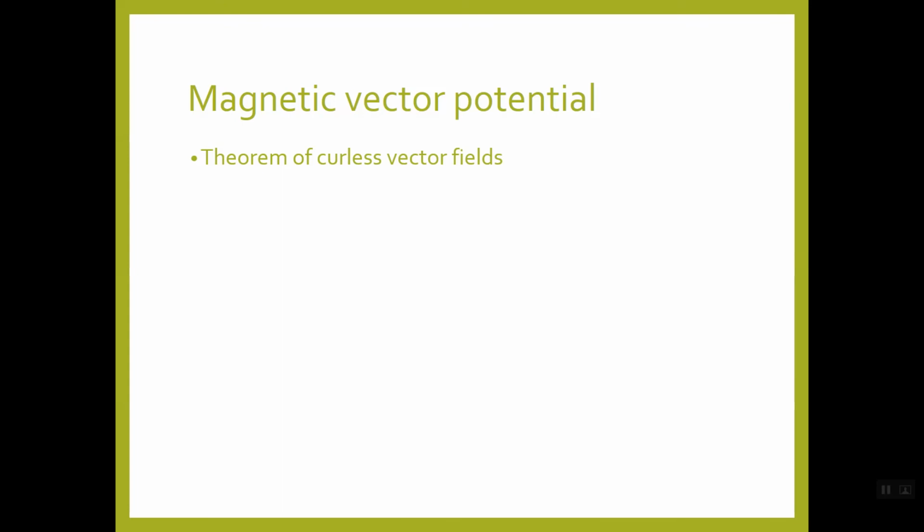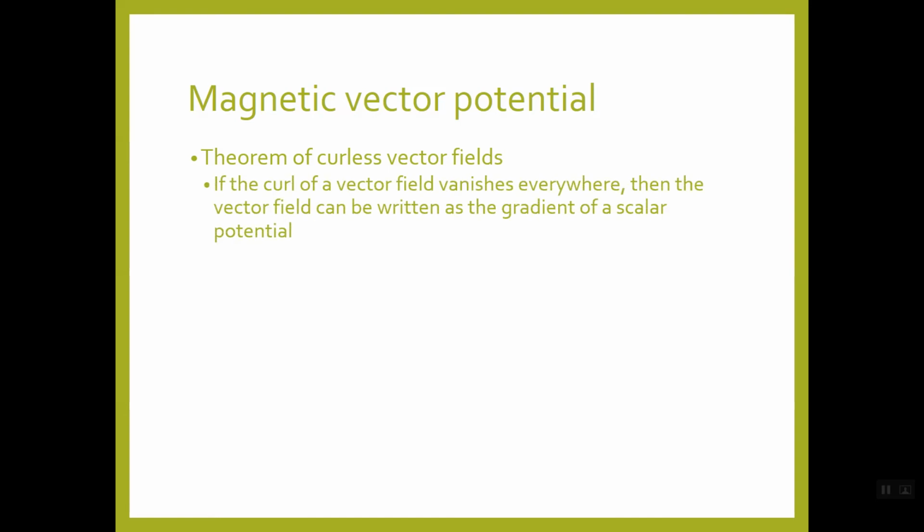If you remember, when we were looking at the electric potential, we started off with the theorem of curlless vector fields, which stated that if the curl of a vector field vanishes everywhere, then the vector field can be written as the gradient of a scalar potential. So V was our electric potential, because our electric field is curlless.